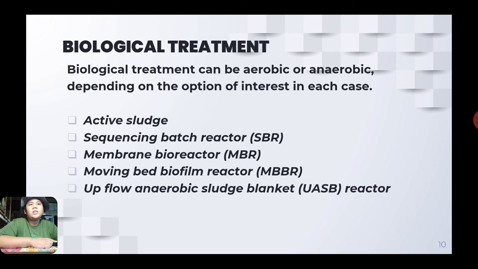It requires little space, is highly efficient, and provides high-quality effluent. Moving bed biofilm reactor, notable for having a fixed biomass, obtaining a high efficiency. Upflow anaerobic sludge blanket reactor. This is particularly economical with high organic loads to be treated.